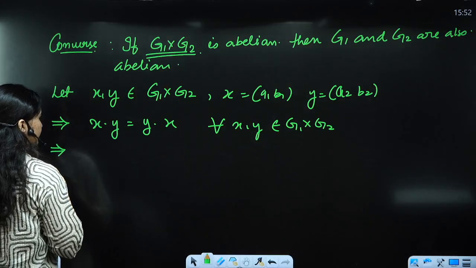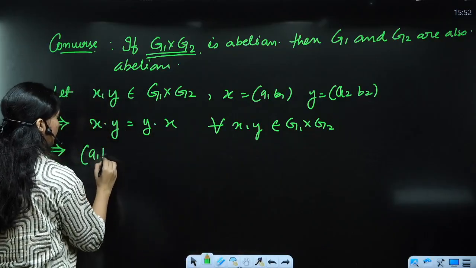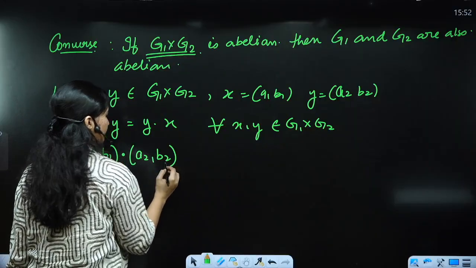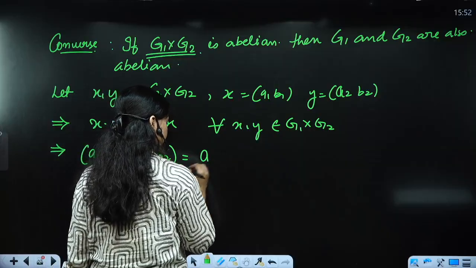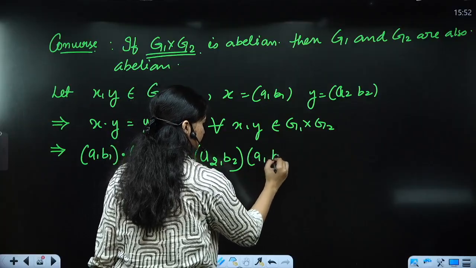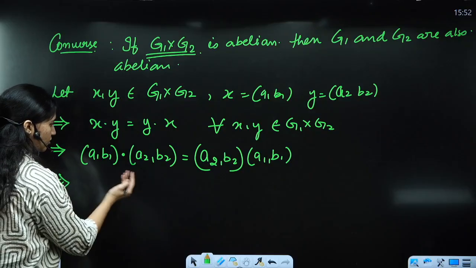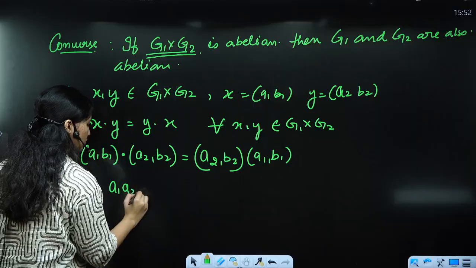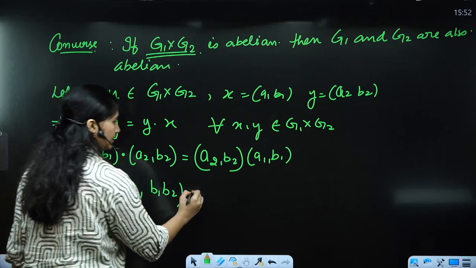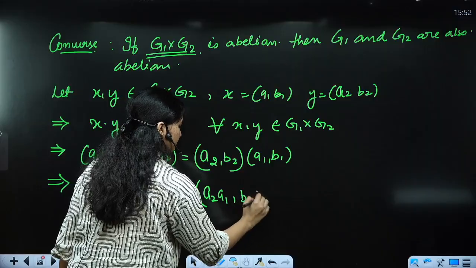So this implies that (a1, b1) operation (a2, b2) equals (a2, b2) operation (a1, b1), right? Now applying the operation, the first coordinate is going to be a1 a2, then b1 b2, right? Here it will be a2 a1 and b2 b1.